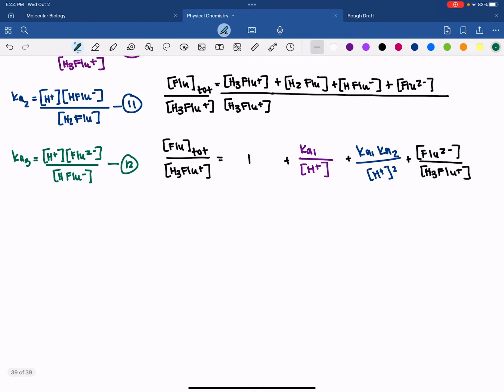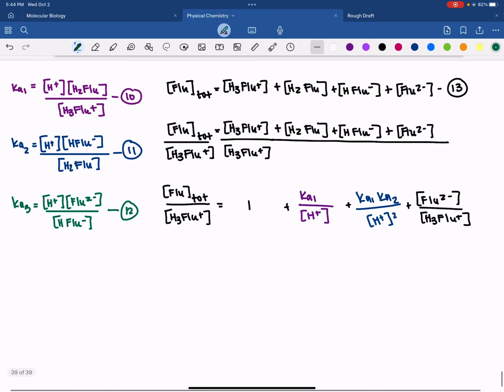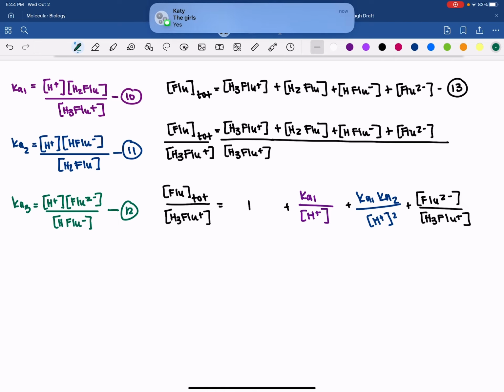So, again, you might want to separate flu 2 minus by itself, but we want to be able to connect everything with each other. So the denominator is going to match with the numerator from the last. So we want to separate the concentration of H flu negative. Okay, so from 12, that looks like H flu negative.